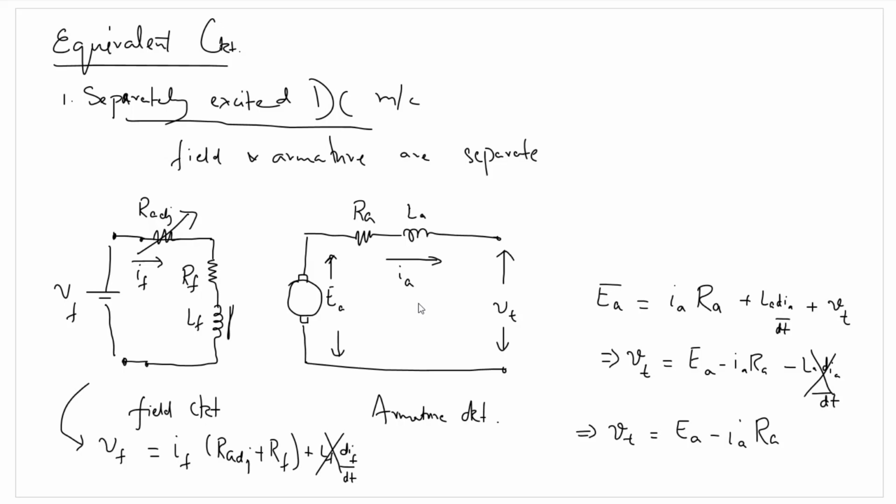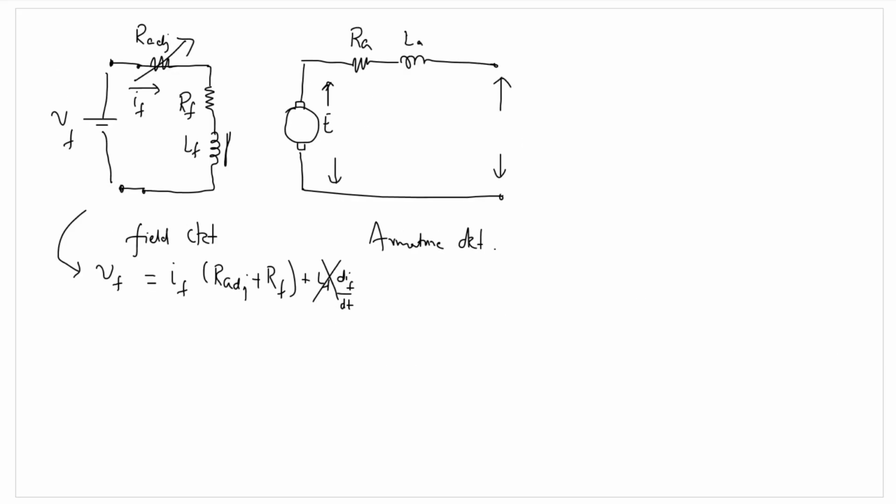Now if we take a case of a separately excited DC motor, the armature circuit, if it is behaving as a motor. We know in the case of a motor we are applying the voltage VT such that current in this circuit will be established in this direction, IA.